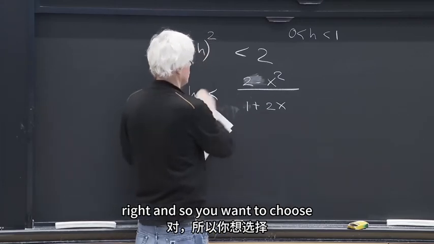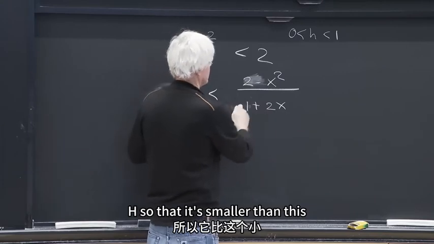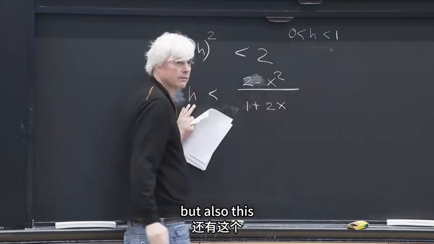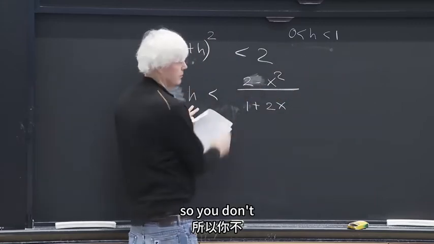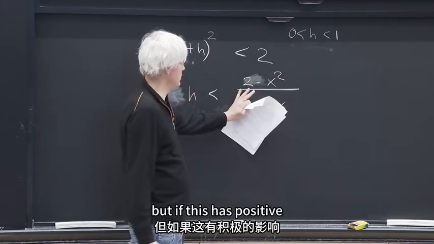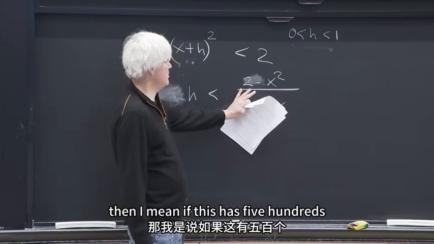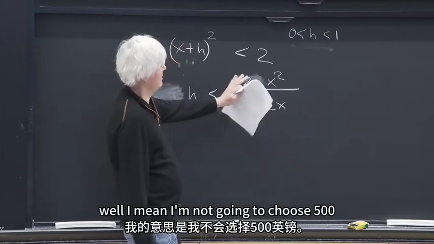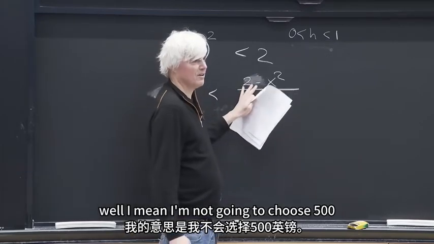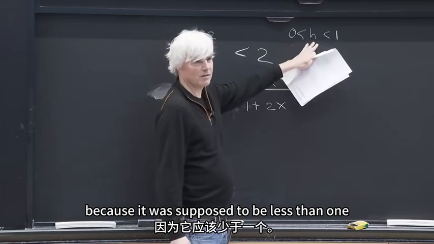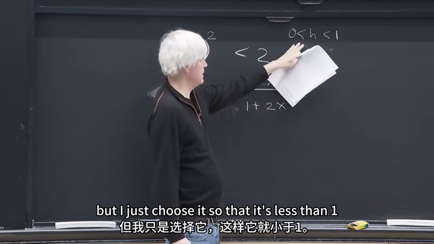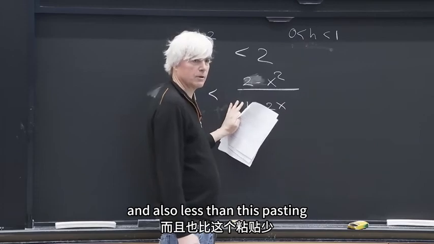And so you want to choose h so that it's smaller than this, but also this here. If this is 500, I'm not going to choose 500, because h was supposed to be less than 1. I just choose it so that it's less than 1 and also less than this positive number.